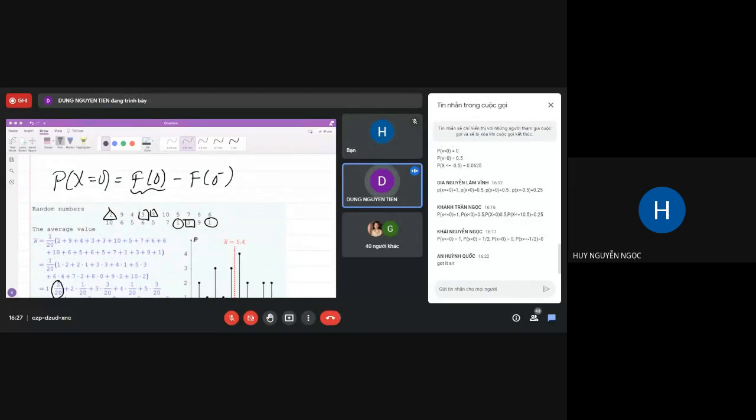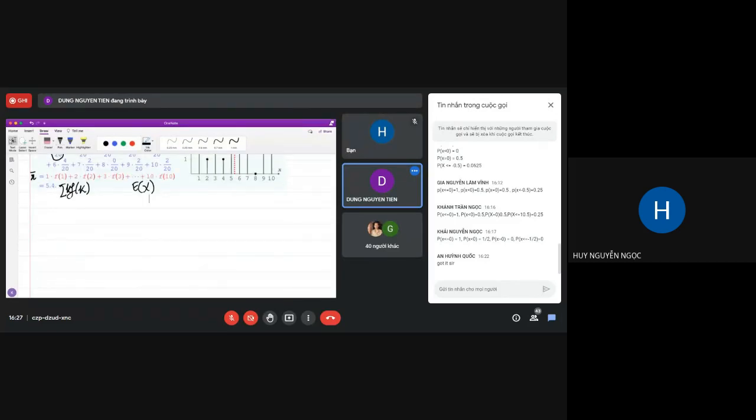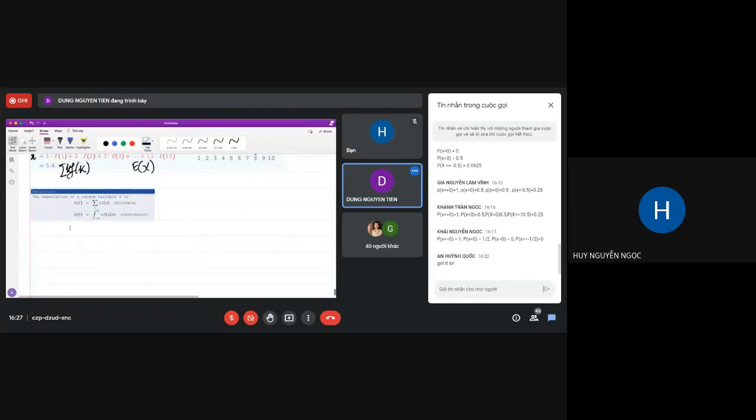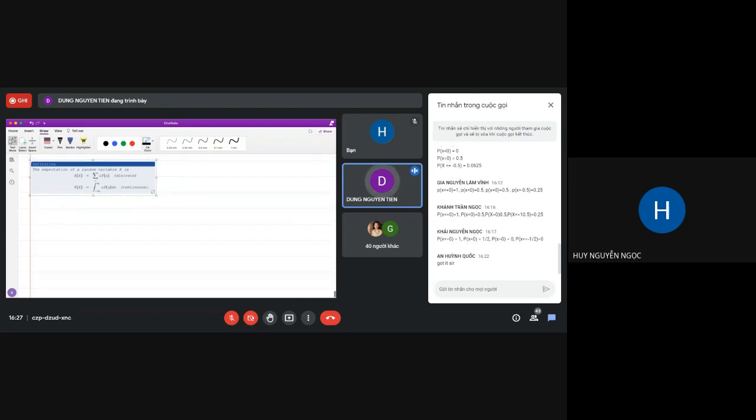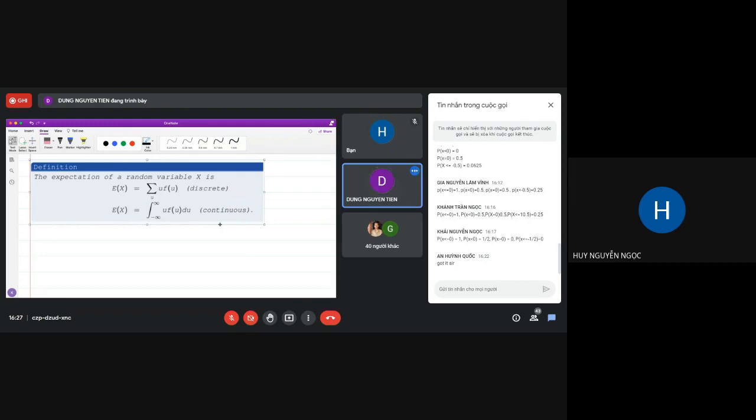Then we get the following definition for the expectation. The expectation of a random variable x is the sum of u f of u for a discrete random variable. For a continuous random variable, you get the integral from minus infinity to infinity of u f of u du.